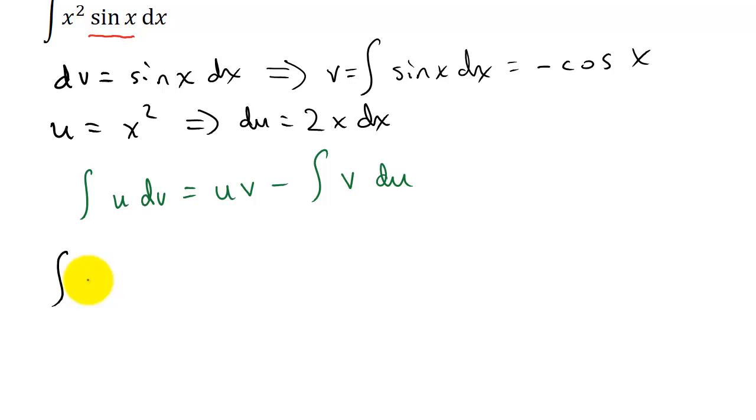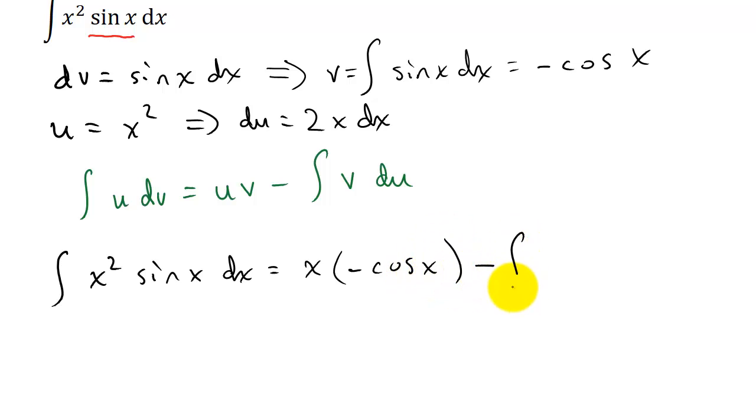So we've got the integral of x squared sine x dx is equal to u, which is x squared, times v, and v is negative cosine x, minus the integral of v, which is negative cosine x, times du, which in this case is 2x dx.